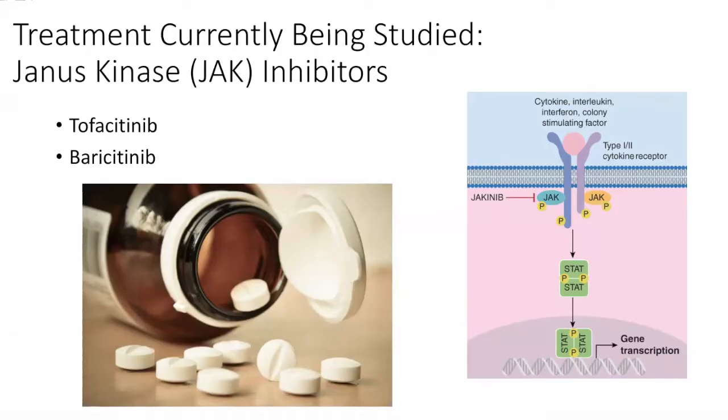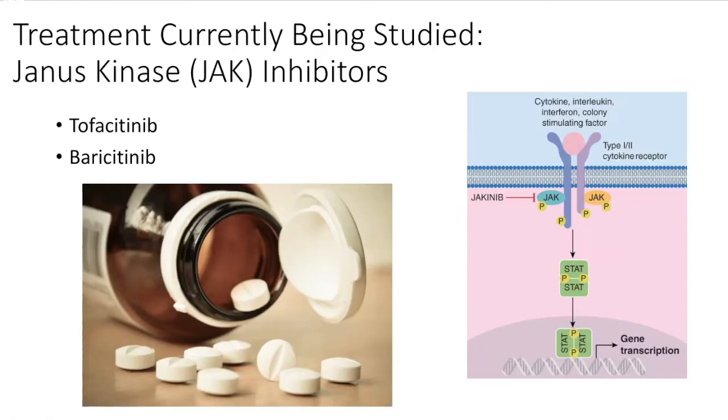But the Janus kinase inhibitors are of interest, and there have been particular cases that have been reported more in adult myositis. Tofacitinib, for example, this first one listed here, which is approved for adult rheumatoid arthritis, has been studied in a small number of adults with myositis and seems promising for being able to treat weakness and the skin features in dermatomyositis.